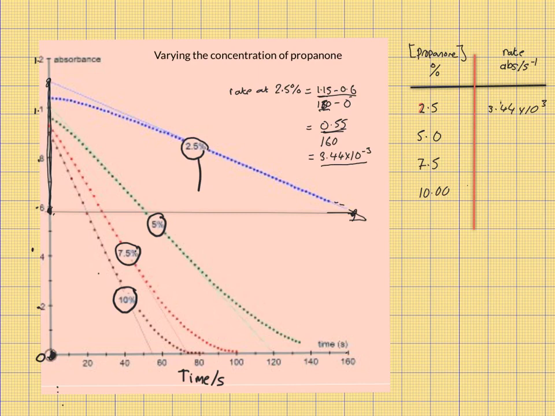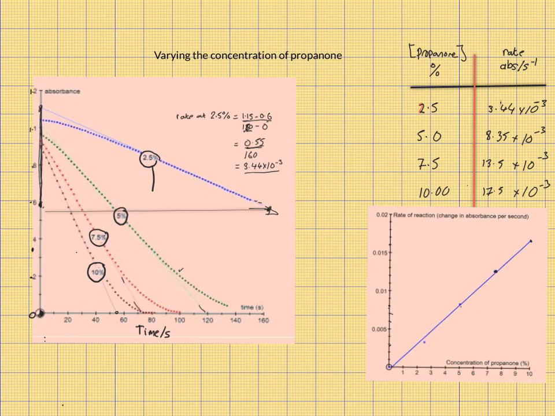So we do the same, we measure the gradient, so you can see on these lines, by drawing the biggest triangle possible to calculate the gradient to those curves, the initial rates. So if we take the tangents to each of these curves, calculate the gradient for each one, and then plot a second graph of the rate of change in absorbance per second on this axis here versus the increase in the concentration of propanone, this time as a percent here, we get a straight line graph.